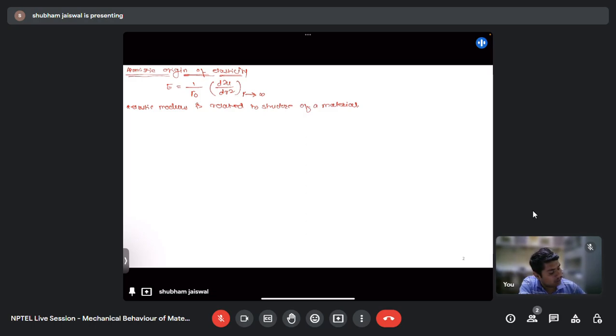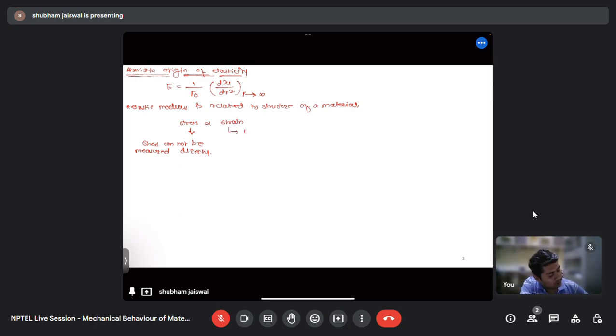Later we saw that stress is directly proportional to strain. Stress cannot be measured directly, so we use strain because it is relatively easy to define and easy to measure.